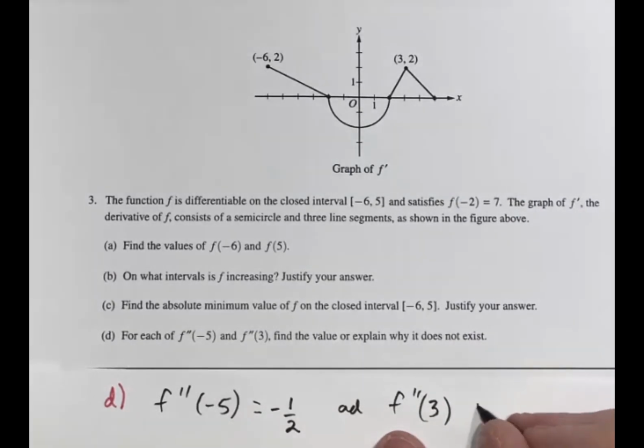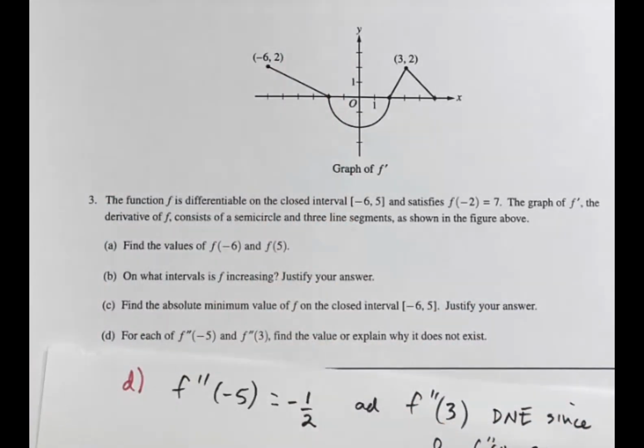So f double prime does not exist, since the limit as x approaches 3 from the left of f double prime of x would be the slope over here, which is 2, and the limit as x approaches 3 from the right of f double prime of x would actually be a -1. So that's a full justification for why f double prime of 3 does not exist, and f double prime of -5 being -1/2 is just because of the slope of the actual line.